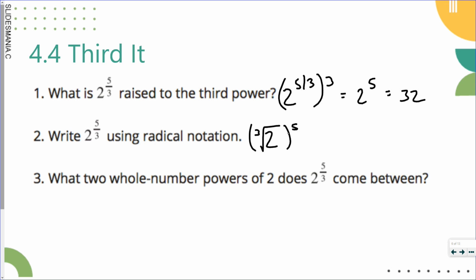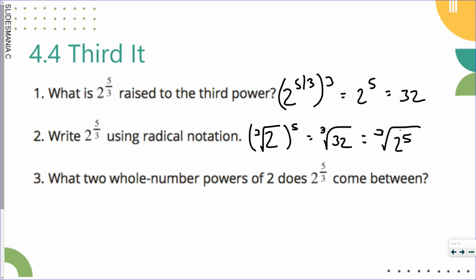Or I could put the 5 on the outside. Doesn't matter. I could do the cube root of 32. Or I could do the cube root of 2 to the fifth. Either way works. Any of those are fine.